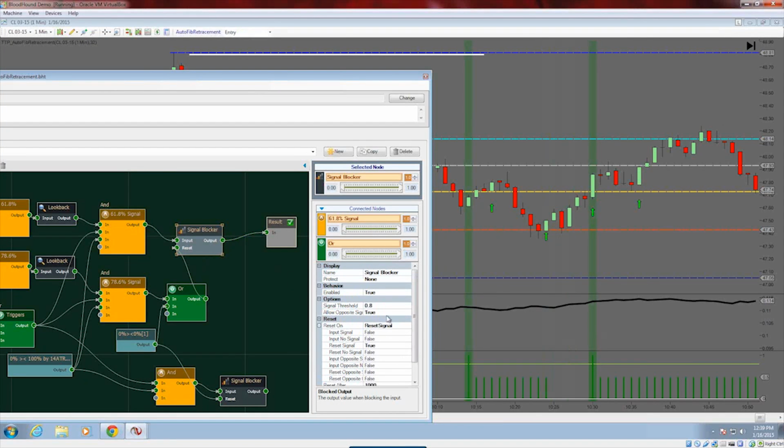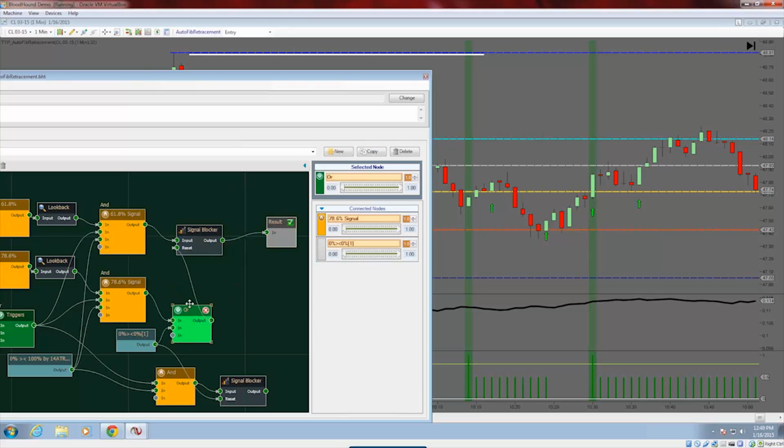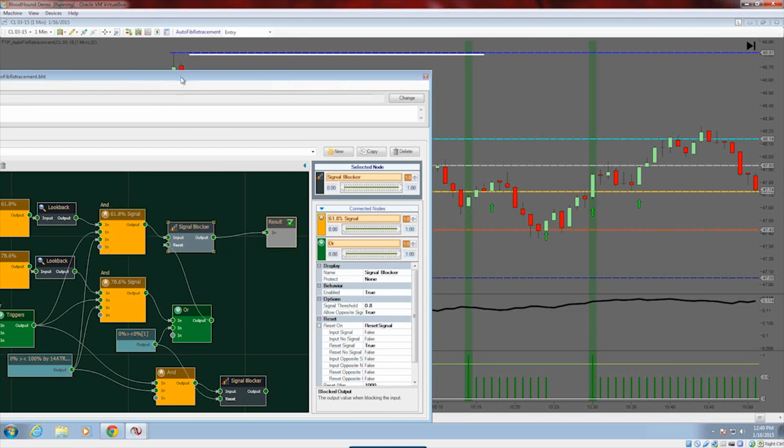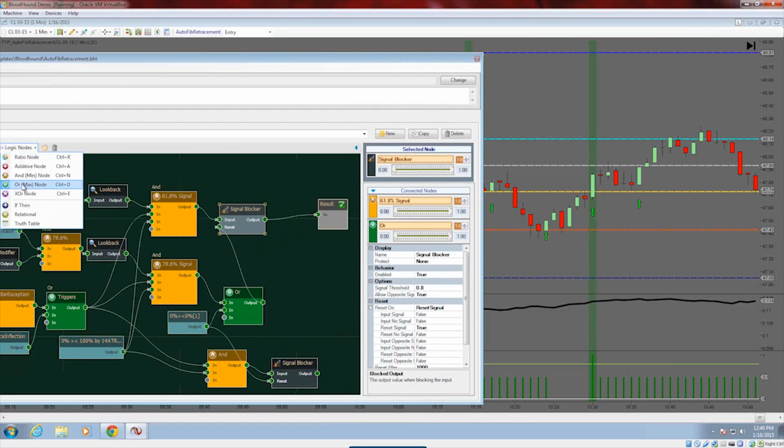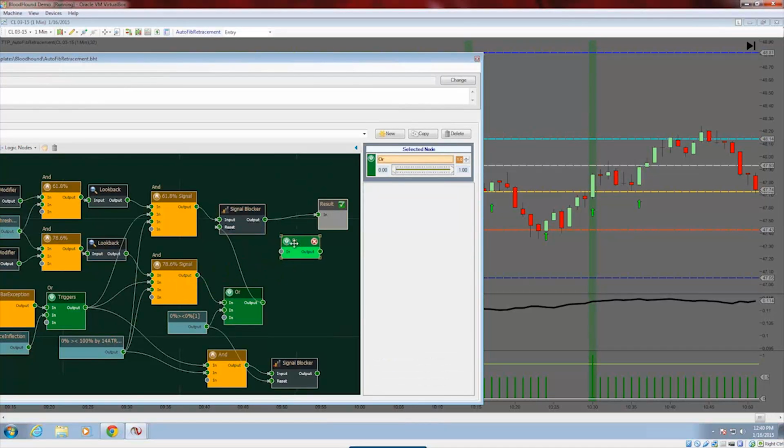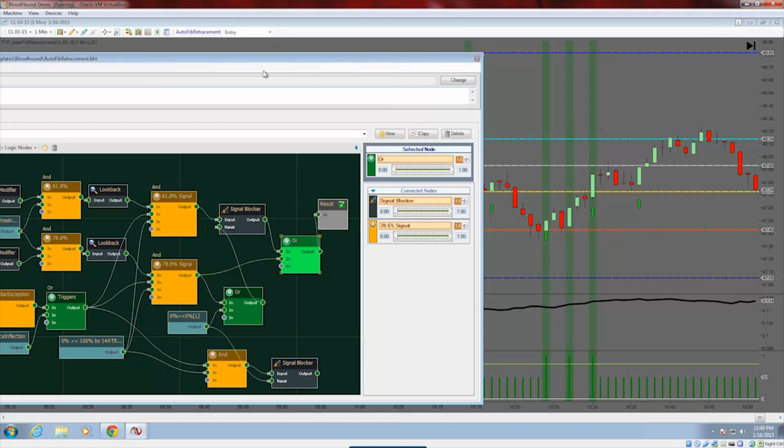So I want to now allow this signal. So here's what I'm going to do. This is getting complicated. I'm going to connect from the signal blocker to the 78.6, and that's what I want to see right there.